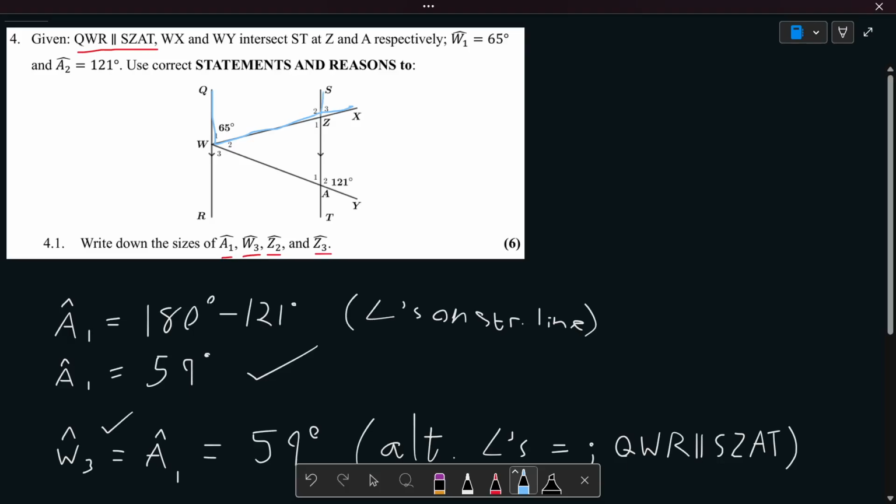Because of the parallel lines, this angle is equal to this corresponding angle. So W1 is also equal to Z3. You could have said corresponding angles are equal because QWR is parallel to SZAT, so W1 is equal to Z3, which is equal to 65 degrees. That is another way we could have done it.